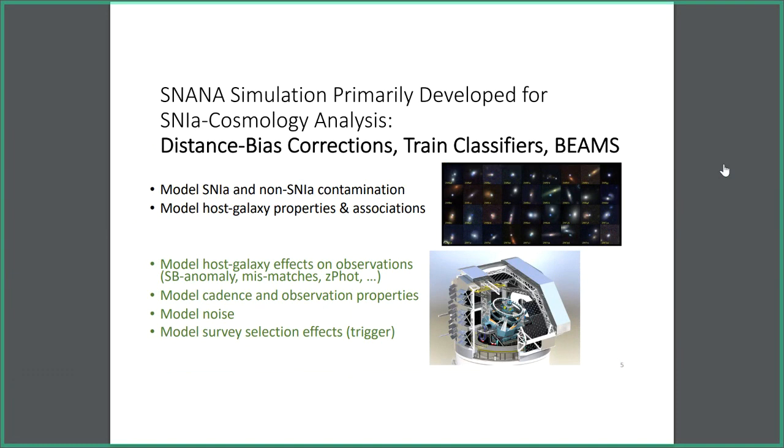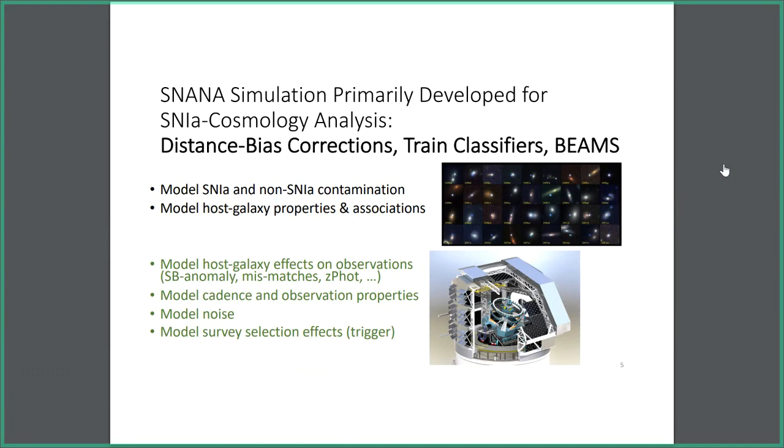Roughly speaking, you can think of the simulation as 2 parts. First, there's the physical universe. We want to model type Ia and non-SN Ia contamination. Of course, contamination to us in a cosmology analysis is always somebody else's gold, so you have to be a little careful about the language.